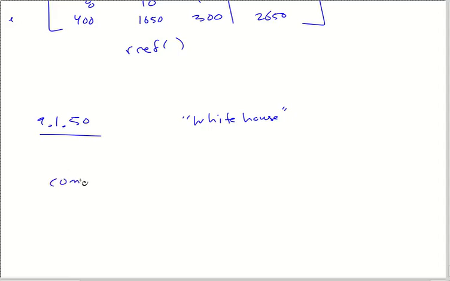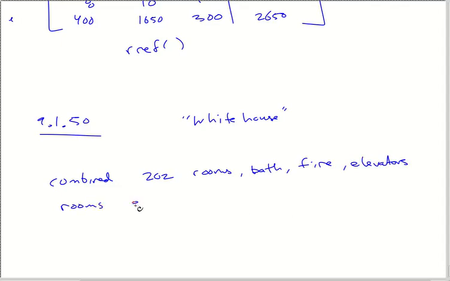They say combined, we have 202 rooms, bathrooms, fireplaces, and elevators. Okay? Combined, 202 of all of these things. Next sentence. The rooms exceeds the bathrooms and the fireplaces by 71.